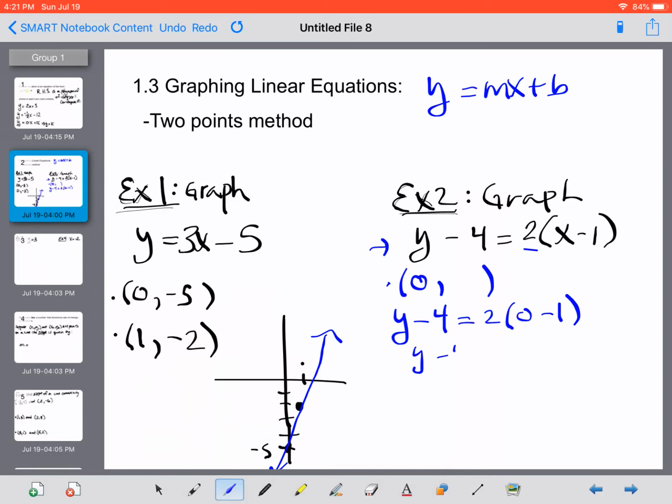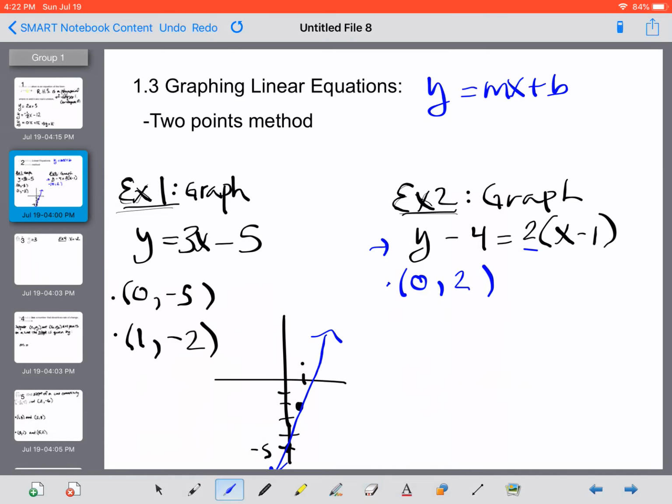That is, y minus 4 is equal to 2 times negative 1. It's negative 2. Adding 4 to both sides, I get y is equal to negative 2 plus 4, which is just positive 2. So my first point on this line is going to be the point 0, comma 2. Let's repeat that process again with another x value.